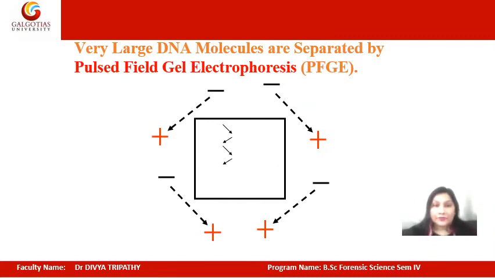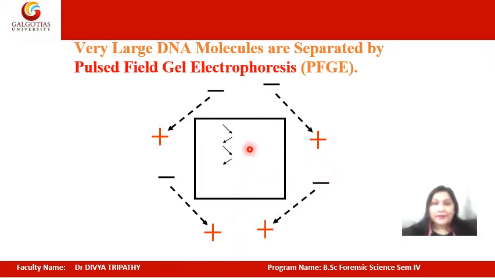If we are going to separate very large DNA molecules, then we have to use a different type of gel electrophoresis, pulsed field gel electrophoresis. You can see here this has a different setup, with four different electrode systems. This one shows the movement from minus to plus, again minus to plus, and after reaching this plus end we will again have another setup of minus to plus.